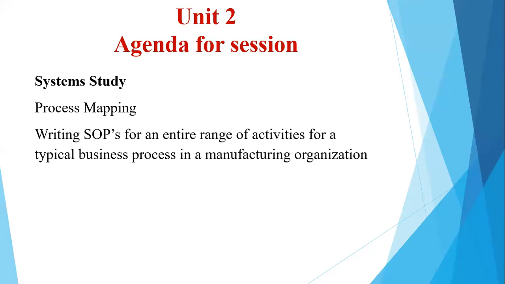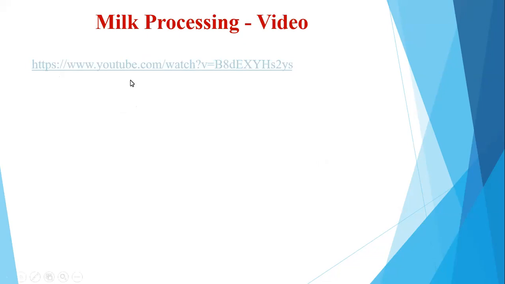We are not going to go through the entire process of SOP, but whatever activities we have defined or identify, we will write down a standard operating procedure, which is ready, written and discussed. After writing an SOP for a manufacturing organization, we would look into an SOP for a service oriented organization. So that's where we move with this video, milk processing.